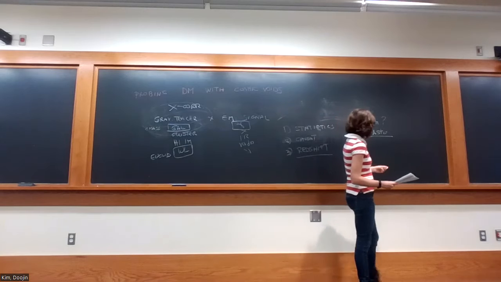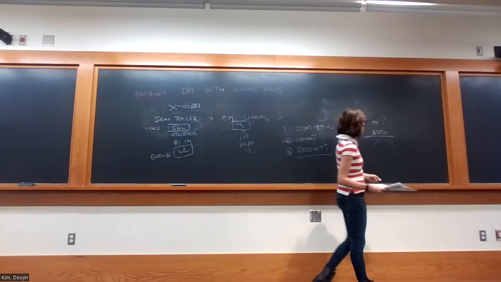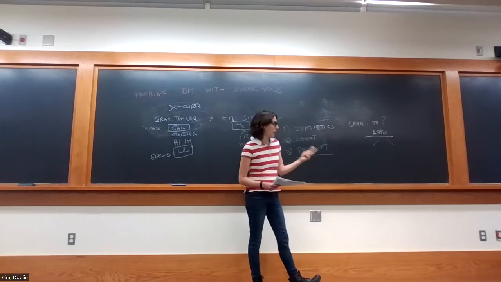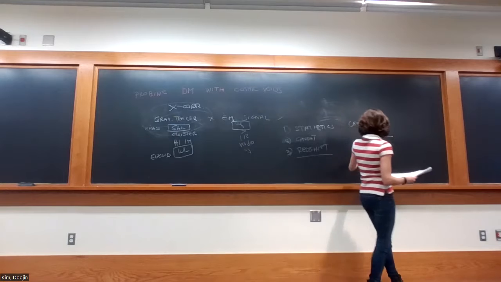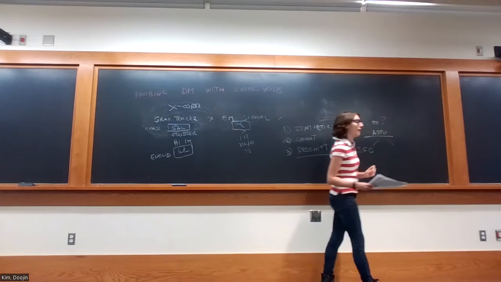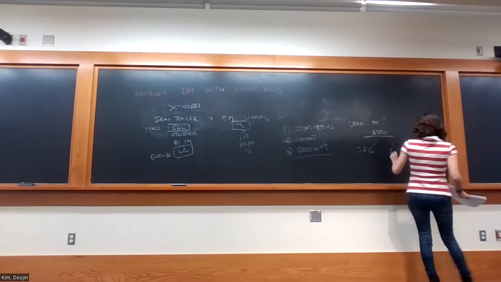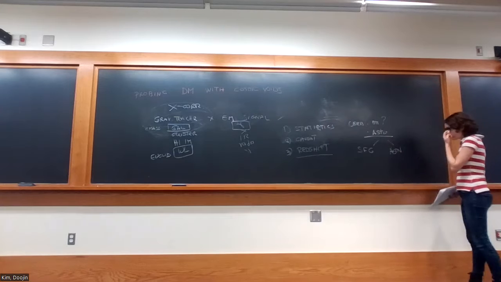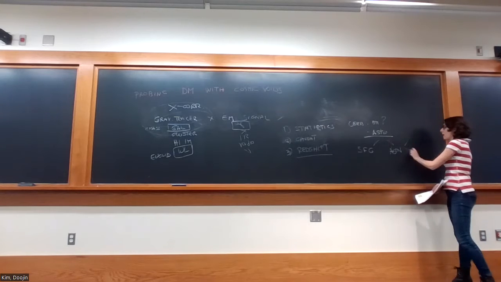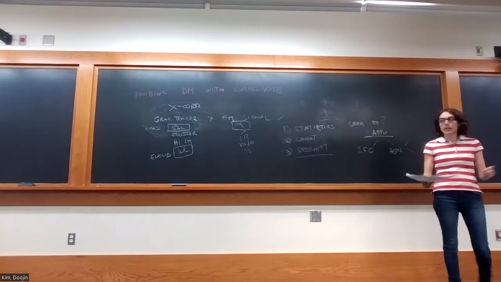And the astrophysical sources that we should care about in our analysis are of two types. One is star-forming galaxies, and the other are active galactic nuclei. And active galactic nuclei are a kind of a big family.